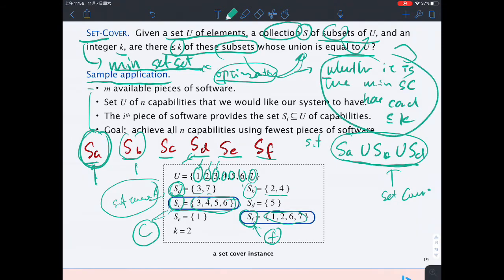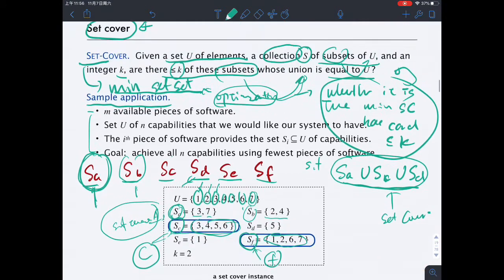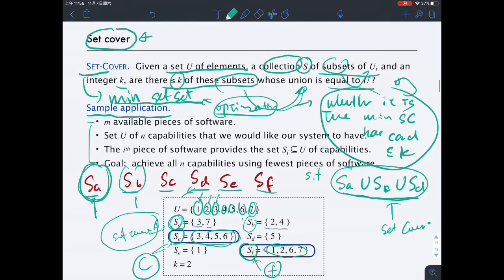So this is equivalent to asking this question. Again, as I mentioned just now, if we are able to solve the decision version of the problem, we are able to effectively solve the optimization version of the problem.